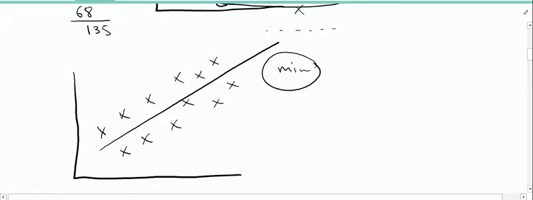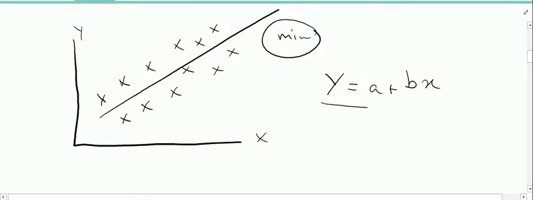To calculate the least squares line, let's say we have x and y axes. We use y = a + bx to obtain the linear equation for forecasting future values.